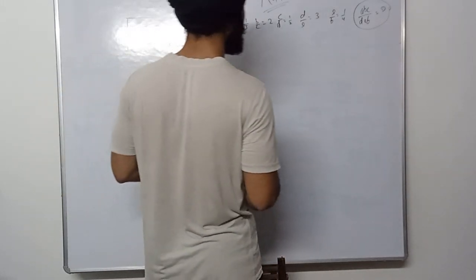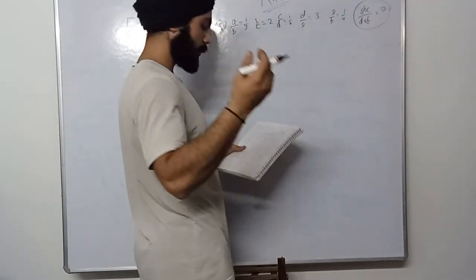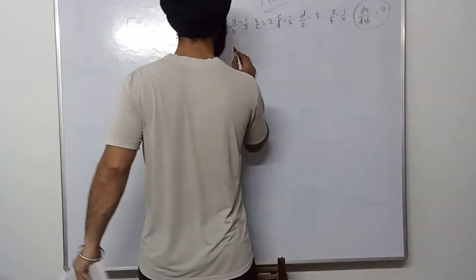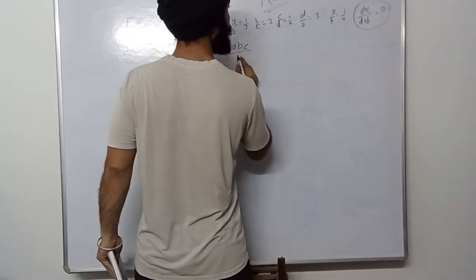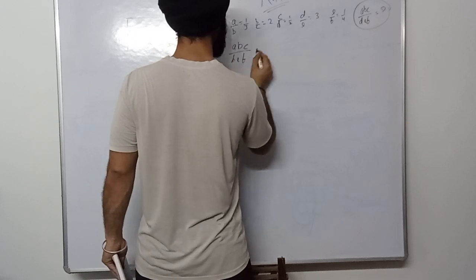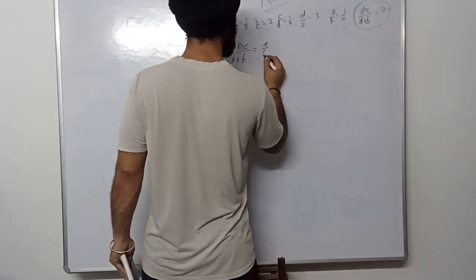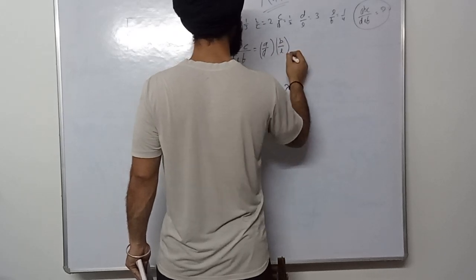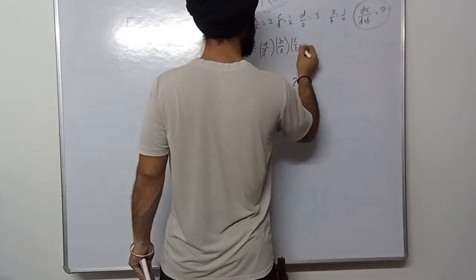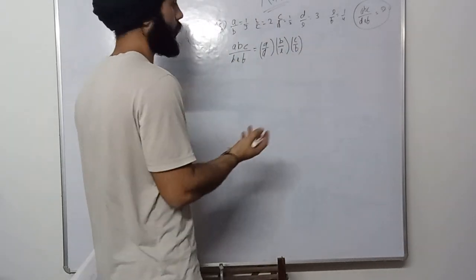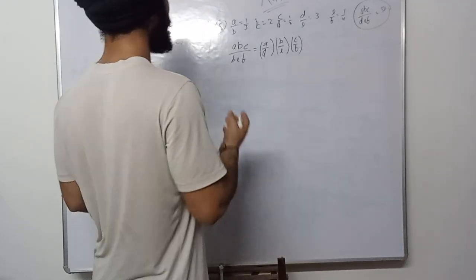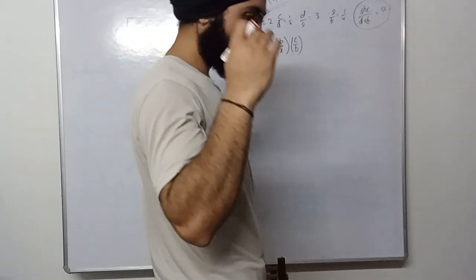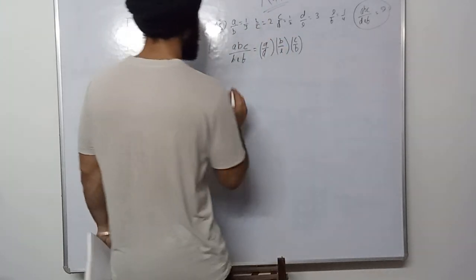By the law of ratios, which we will learn in the next chapters, A by B, A by D, B by E, C by F, we can write it down. It's common sense, we can. But now we need to find the value of A by D. So how are we going to find the value of A by D?